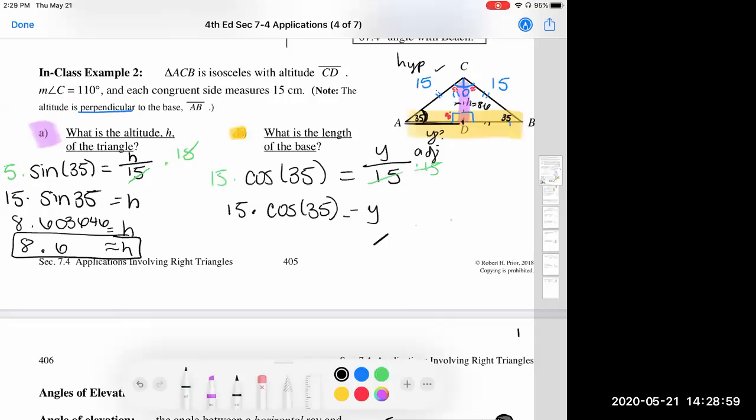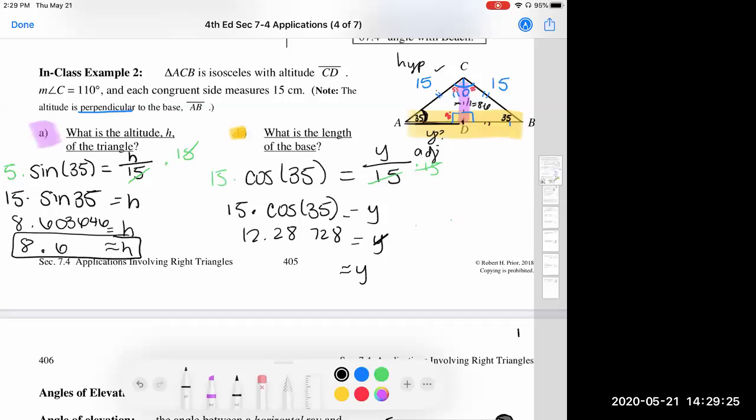Now, if you don't have a calculator handy, your cell phone does a lot of this. If you turn your cell phone to the side, it gives you more functions, and that's where you can access your trig functions. So we punch in cosine, not cosine inverse, just cosine. Cosine of 35 times 15. And we get that y is equal to 12.28728, and it continues.